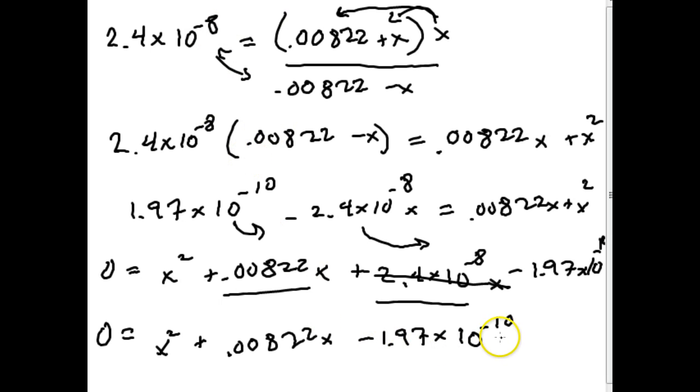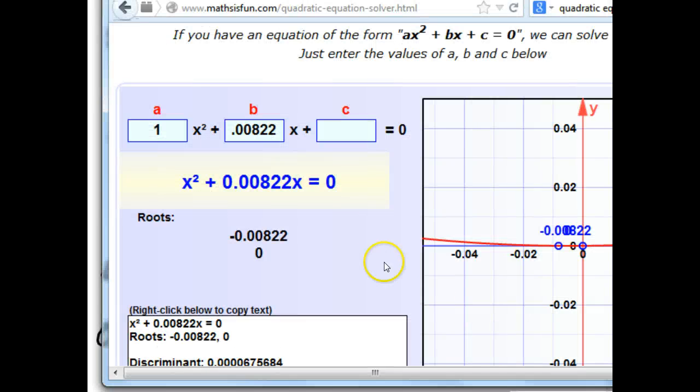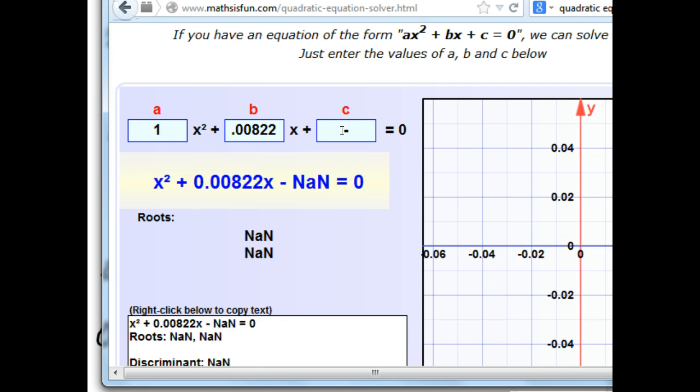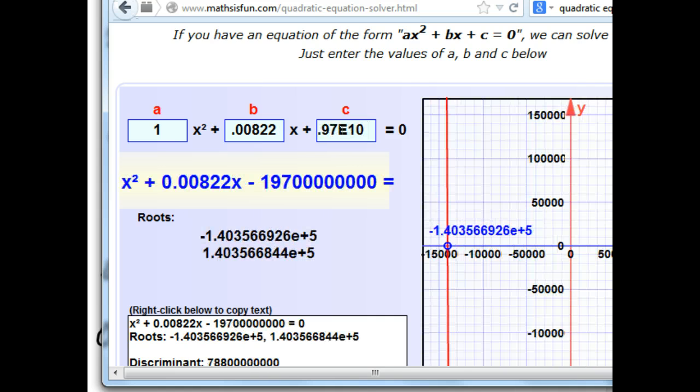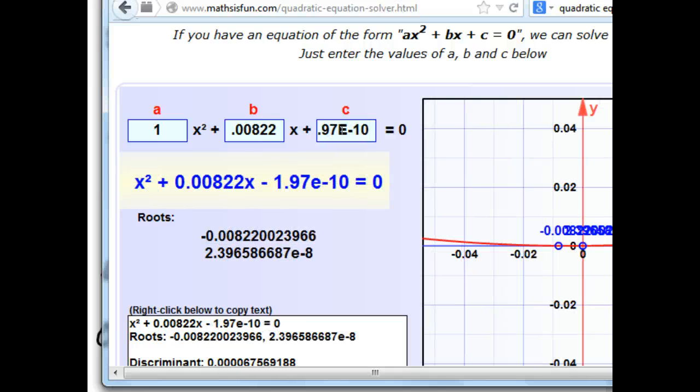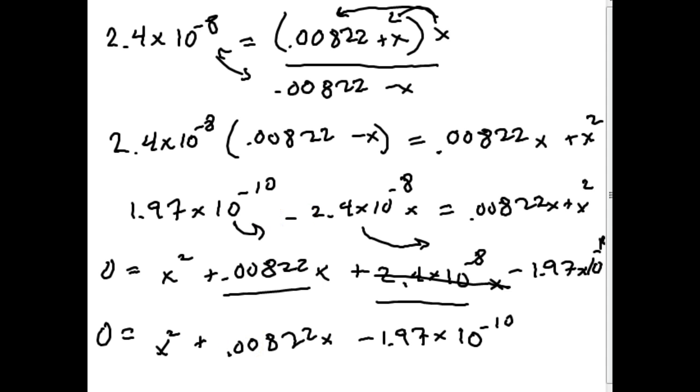Negative 1.97 times 10 to the minus 10. Okay. So the answer is the positive one. X equals 2.4 times 10 to the minus 8. Alright.